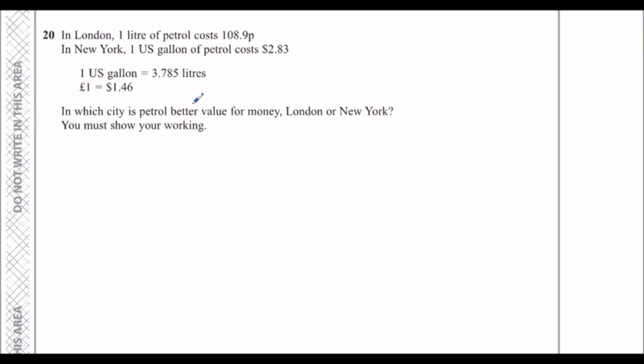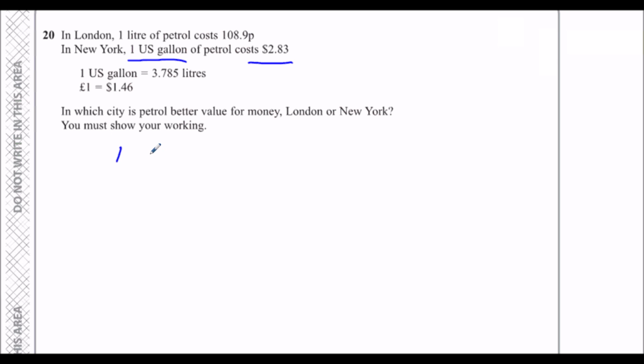So we need to make them the same. Let's change it into pounds. So we're going to take 1 gallon costing $2.83, and we are going to turn that into how much for a litre. So how much for a litre?